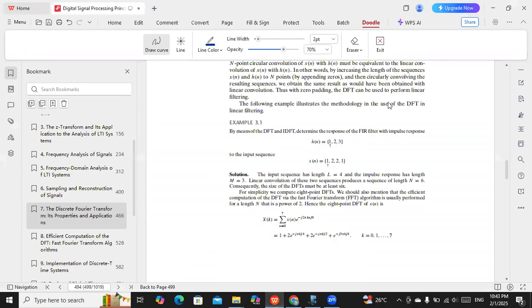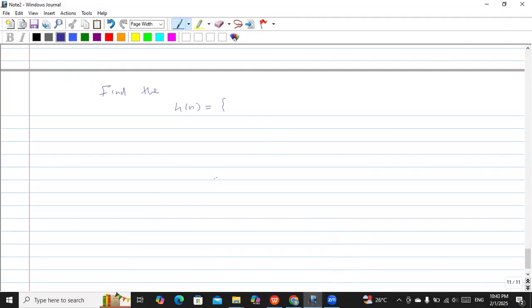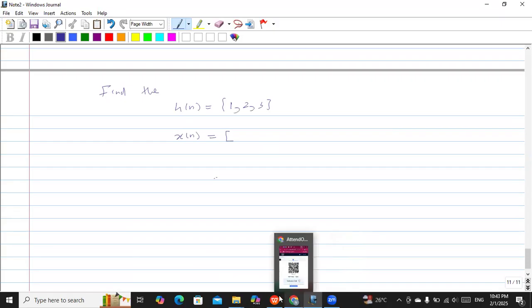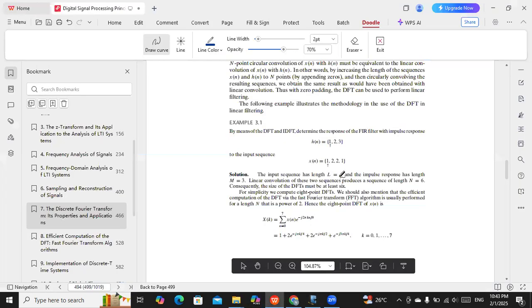And the input signal x[n] is given as 1, 2, 2, 1.